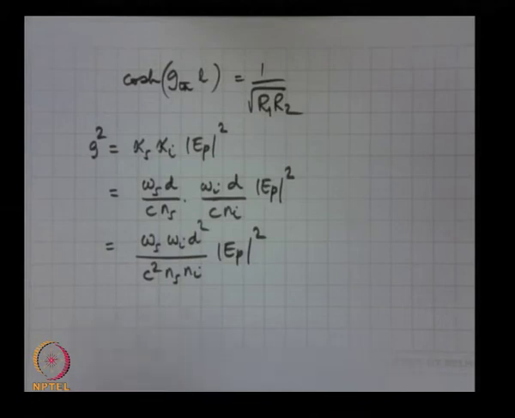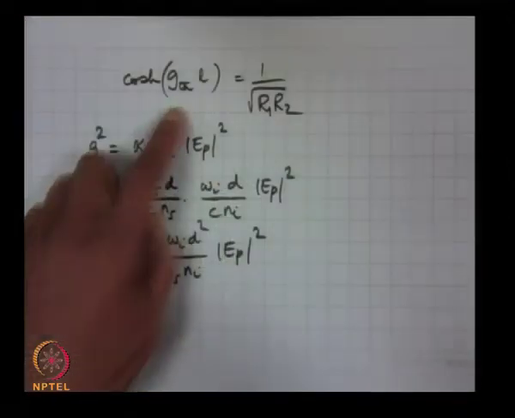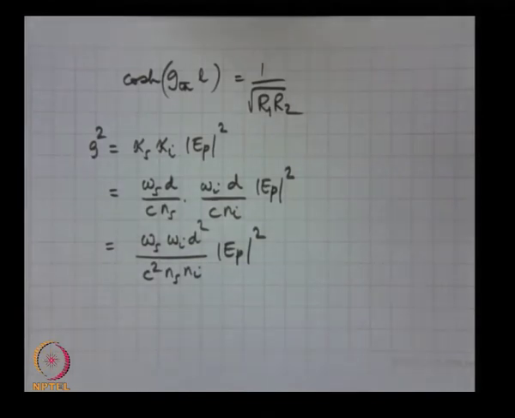So what is the expansion of cos hyperbolic x for x close to 1? Can you find out? Cos hyperbolic G threshold L when it is close to 1, because I know R1 and R2 are close to 1.